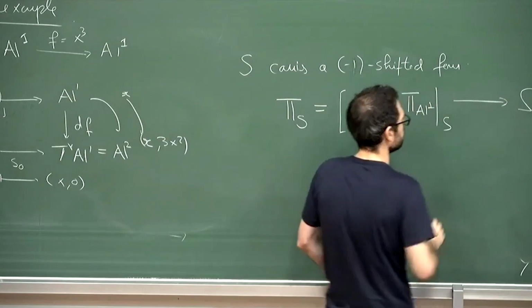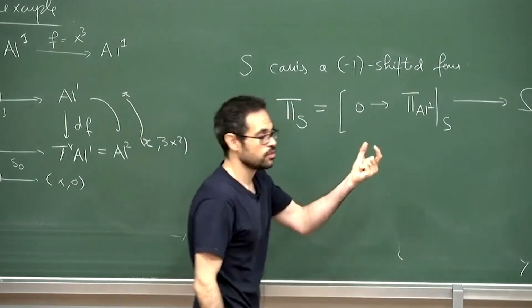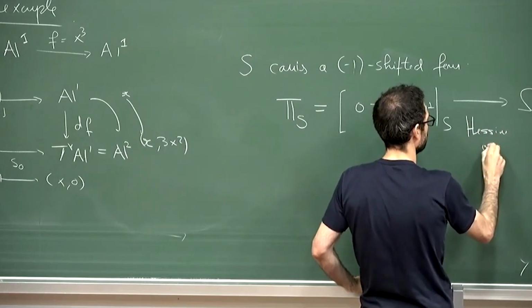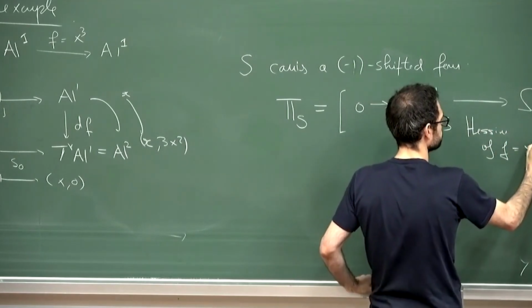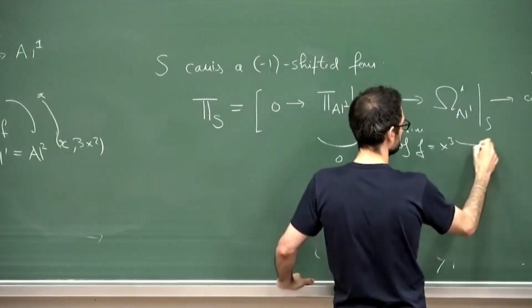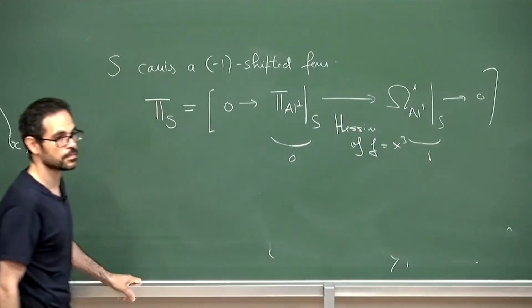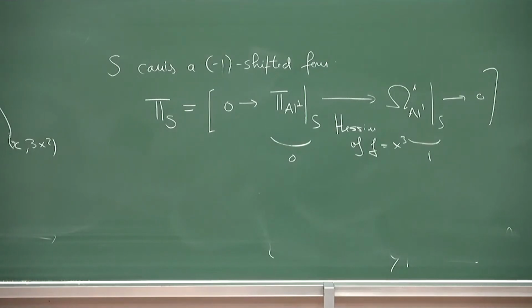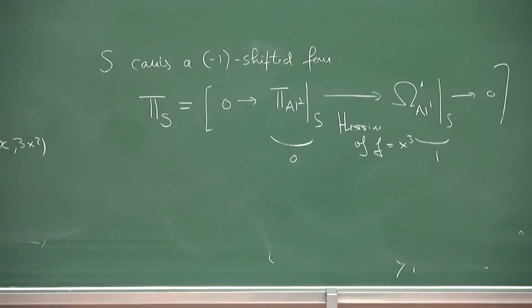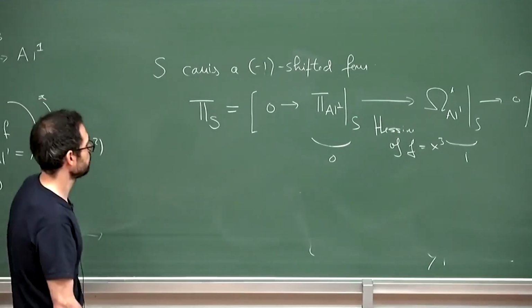And the internal differential of this complex is just the Hessian of the function. This sits in degree 0. This sits in degree 1. It's an easy exercise you can do with cotangent complexes. You know that the tangent complex of a derived intersection is the derived intersection of the tangent complexes. This is the answer you get.